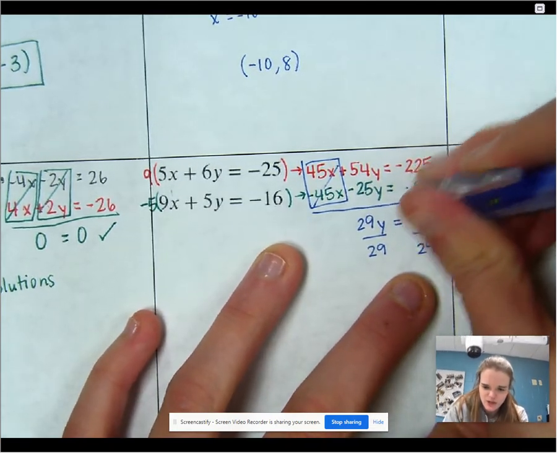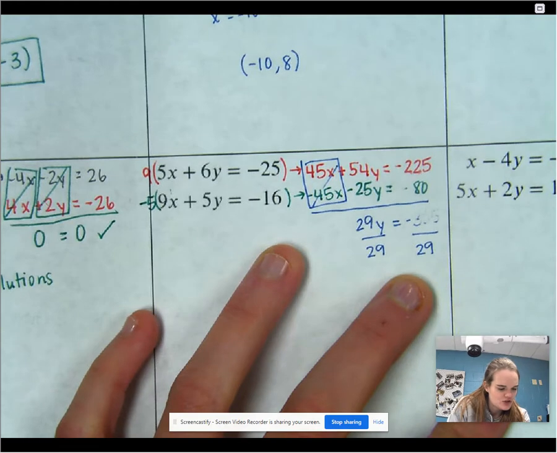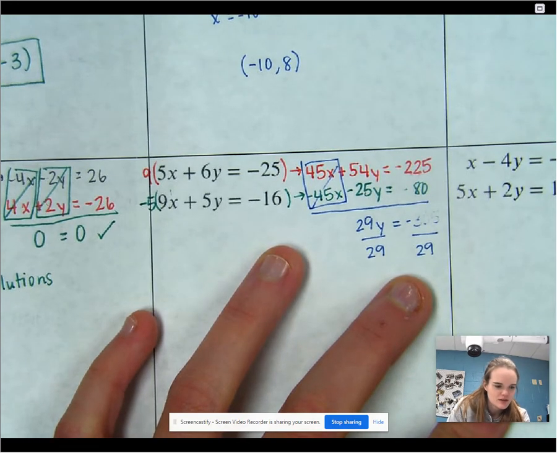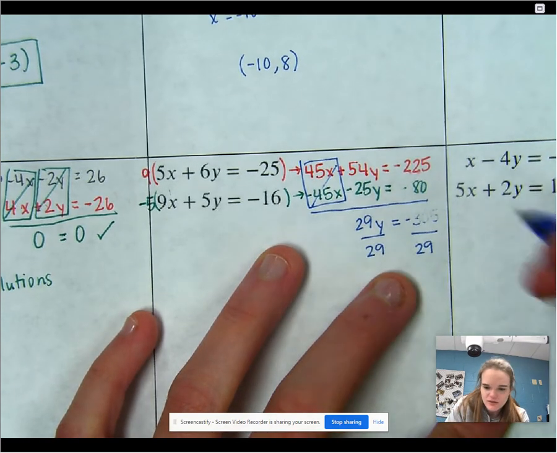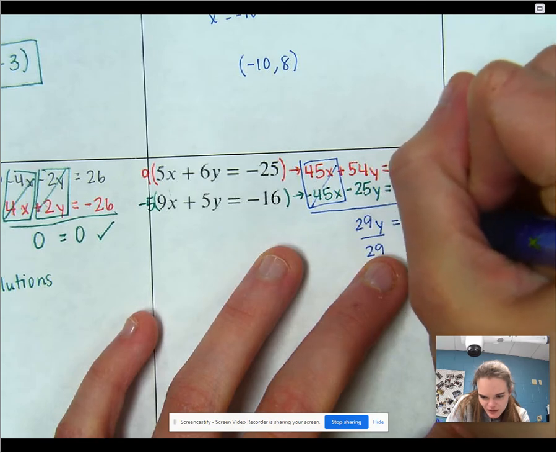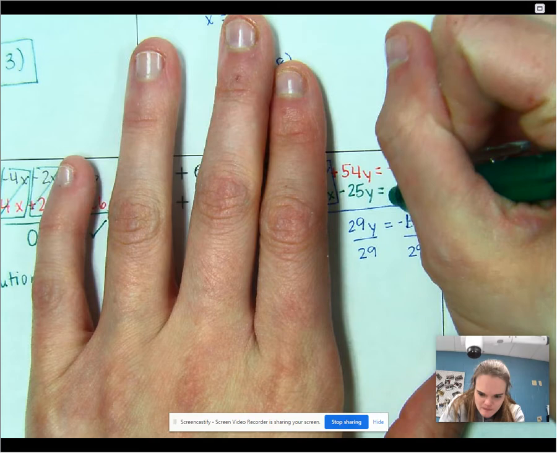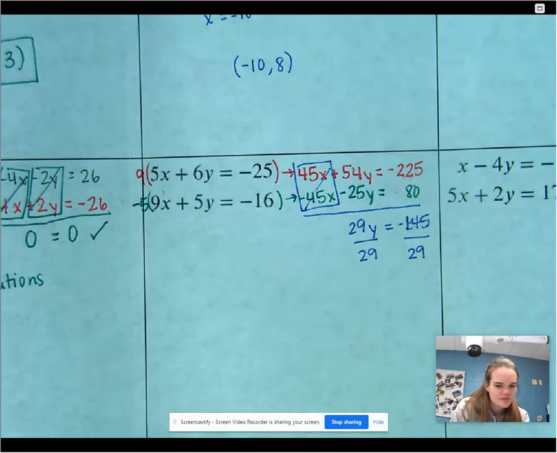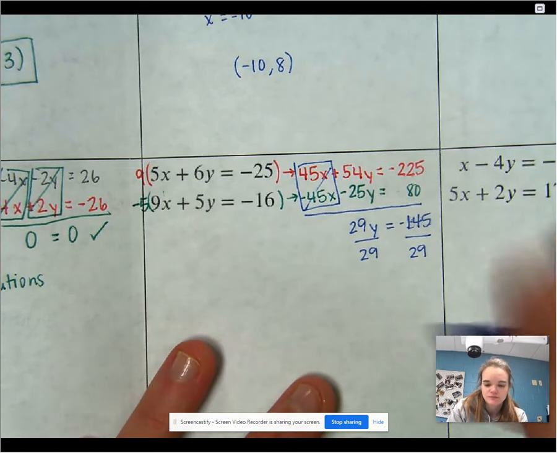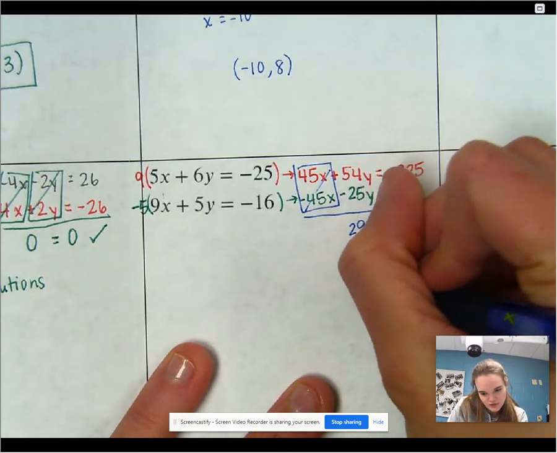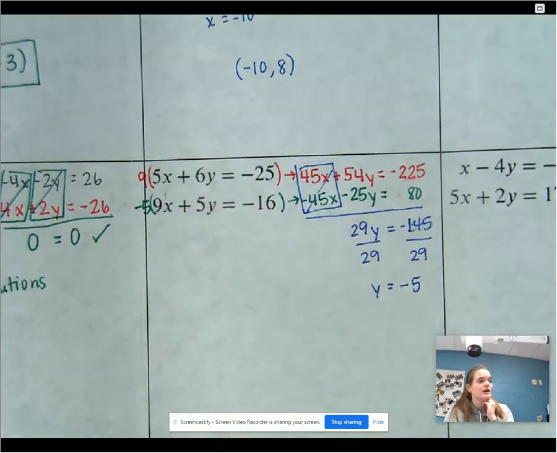This is not negative 305, negative 225 plus 80, negative 145. I gotta erase this negative better so you don't think it says negative anymore. Okay, so now let's divide. Here we go. That's negative 5. Like I said, just because you get a decimal doesn't mean it's wrong, but I'd always just check in case.